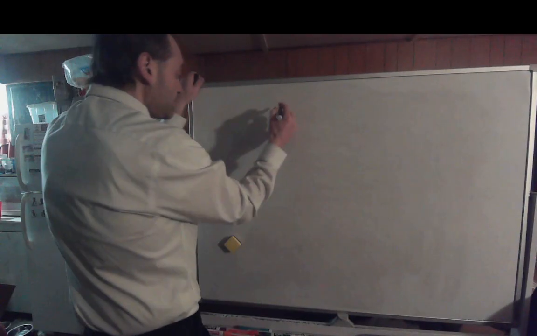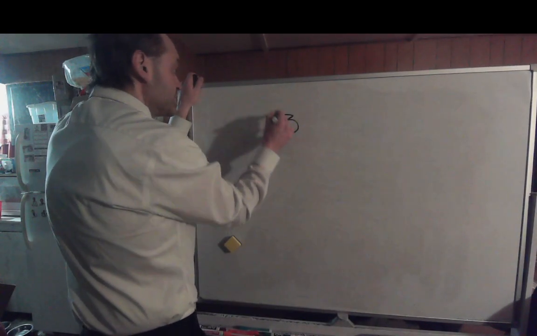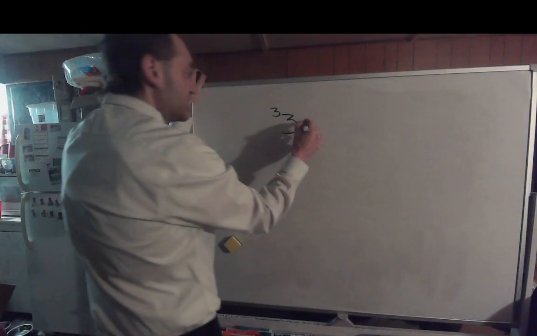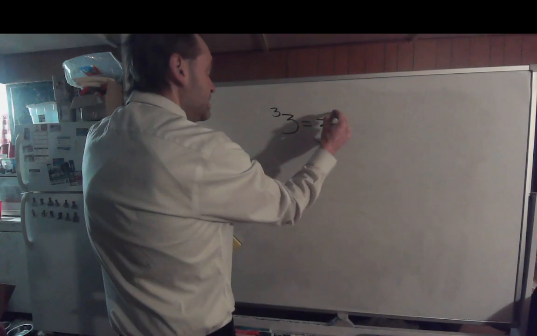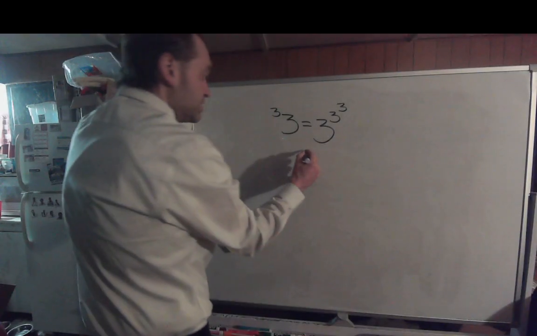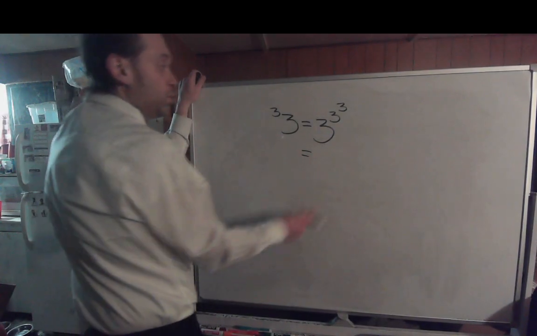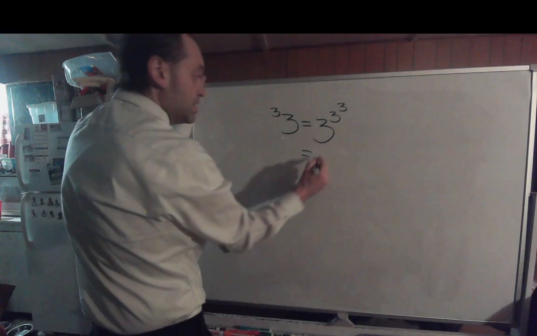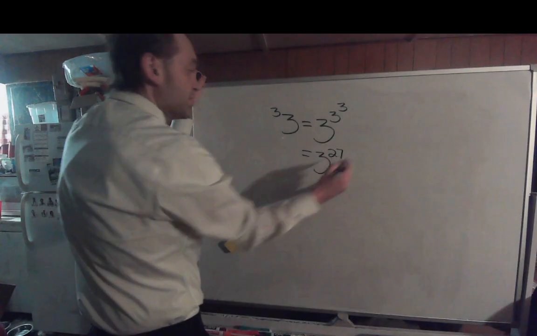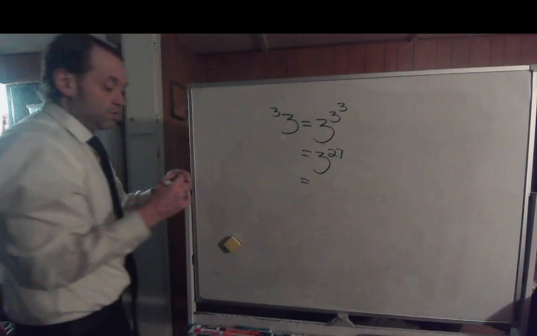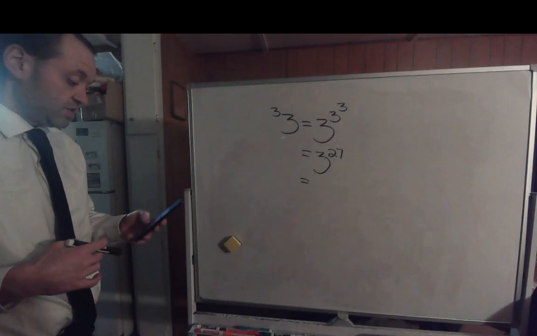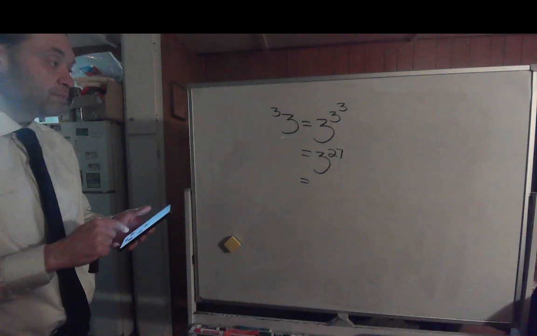Now, what about the third tetration of 3? That's going to be 3 to the third to the third. So treat this like a power tower. What is 3 to the third? That's 27, so this would turn into 3 to the 27th power. I don't even know if my calculator is going to give it to me, because it's going to be such a humongously large number.